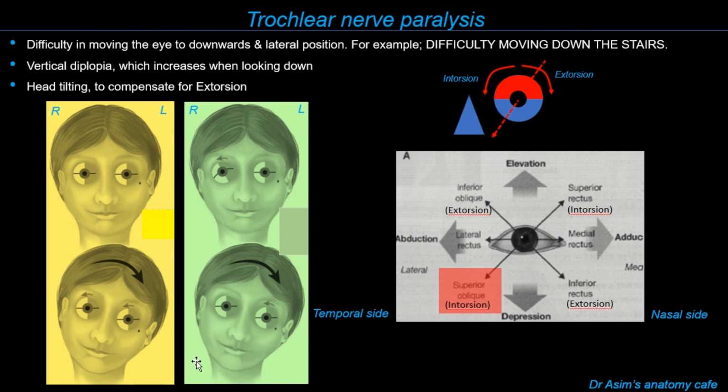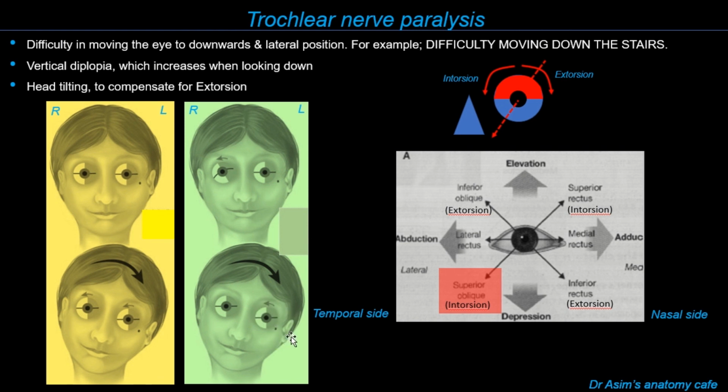So by tilting the chin to the right side, the patient is basically compensating for the extorsion of the right eye, because the chin is actually deviated to the right side, and by doing so the eyeball automatically turns back to its original position. And now the left eye, what it does is that the superior oblique muscle on this side is still intact.